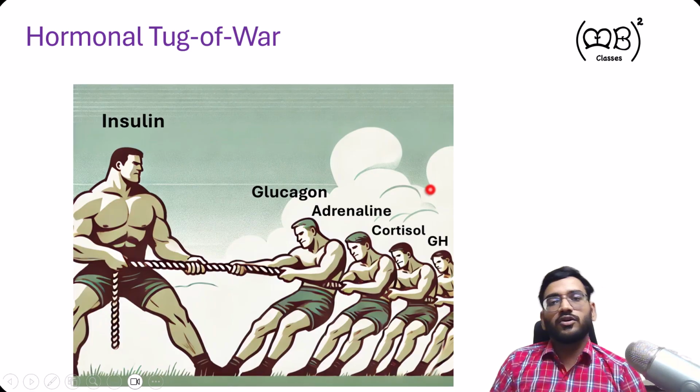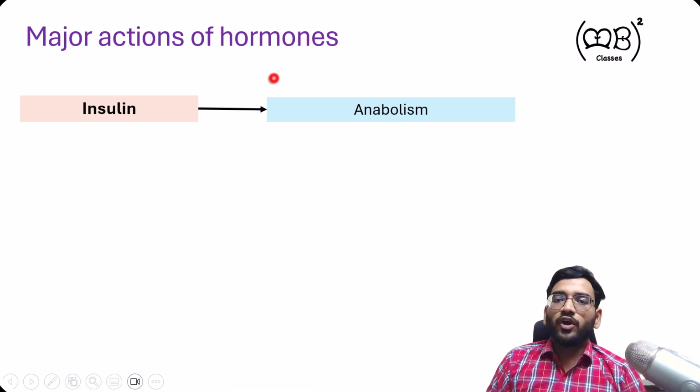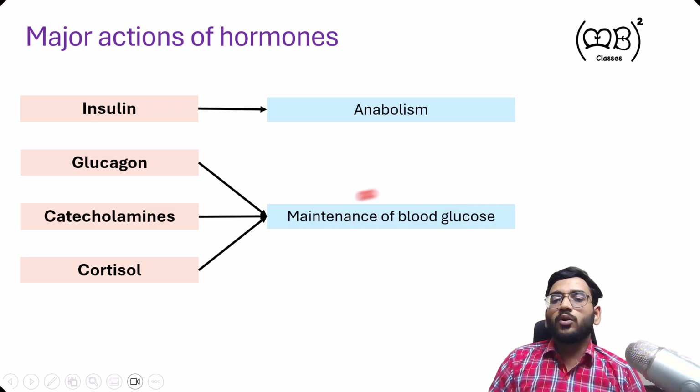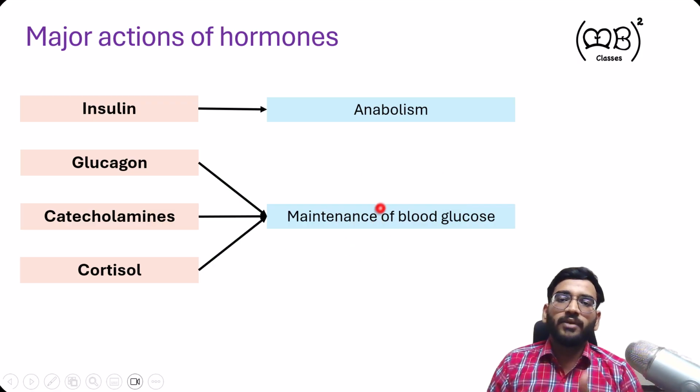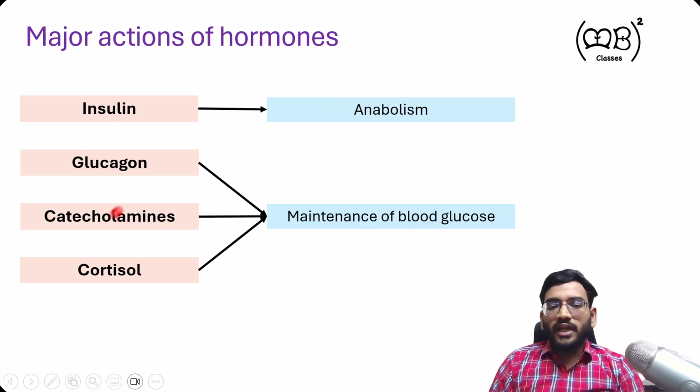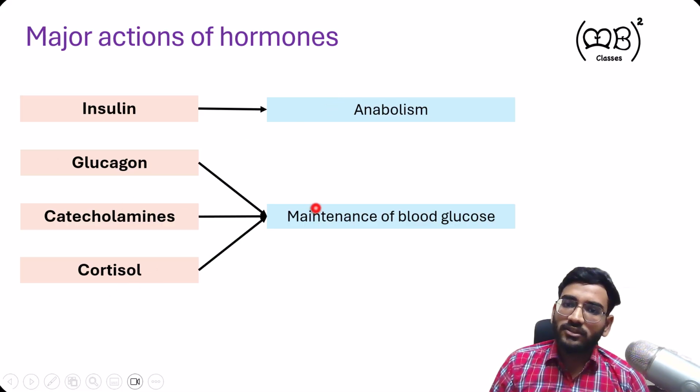What does insulin do? Insulin is an anabolic hormone per se, and glucagon, catecholamines and cortisol will increase the blood glucose for the maintenance of blood glucose.